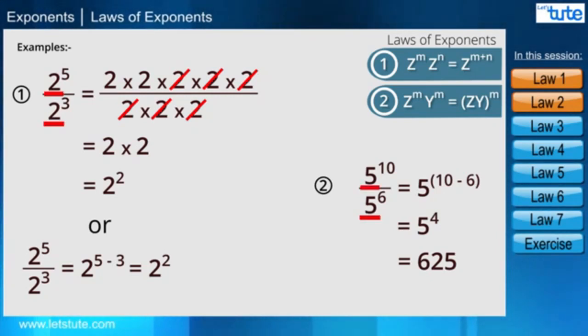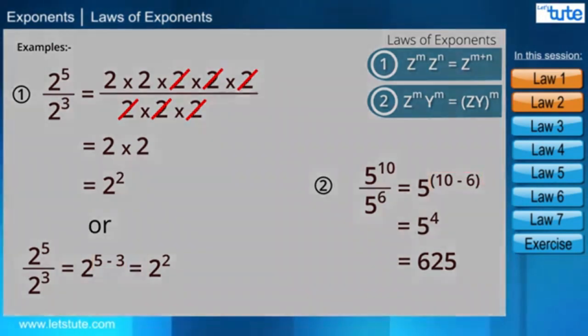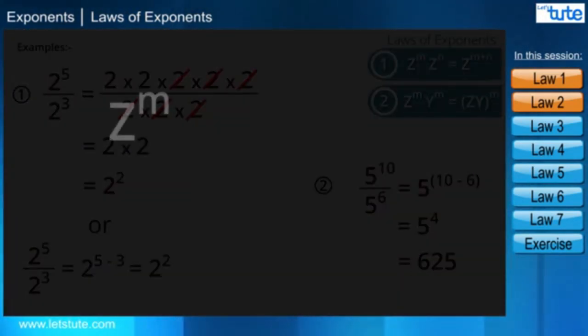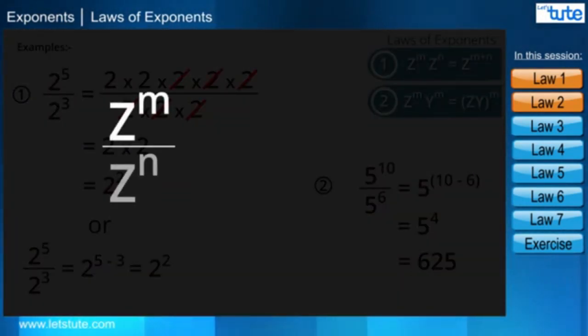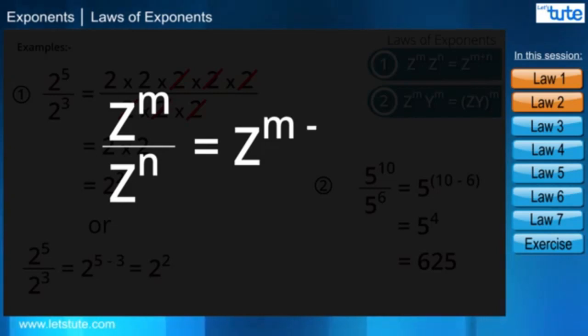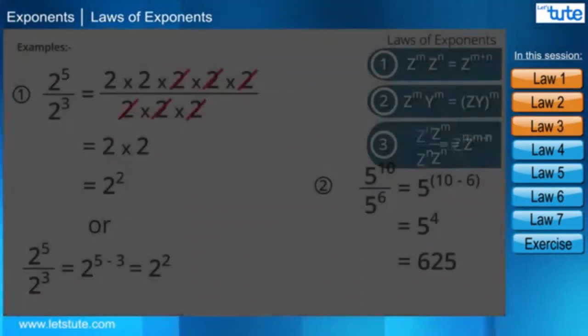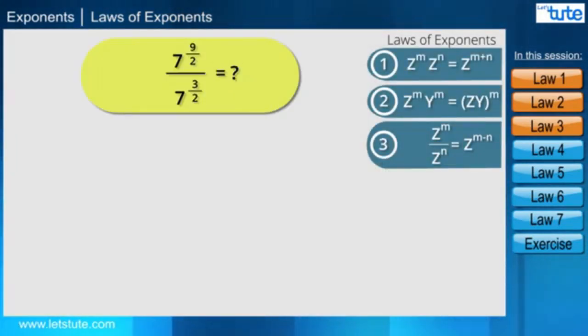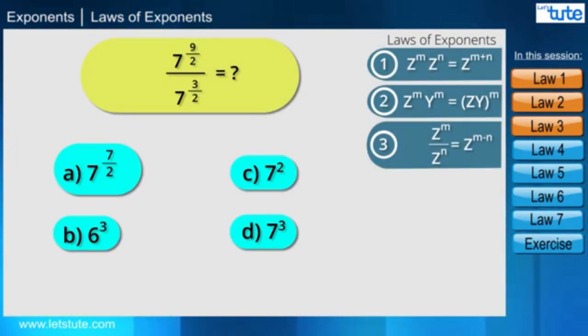Therefore, to divide identical bases, we have to subtract the exponents. Therefore, z raised to the power m divided by z raised to the power n is equal to z raised to the power m minus n. So this is our third law of exponents. What will be 7 raised to the power 9 divided by 2 divided by 7 raised to the power 3 divided by 2?